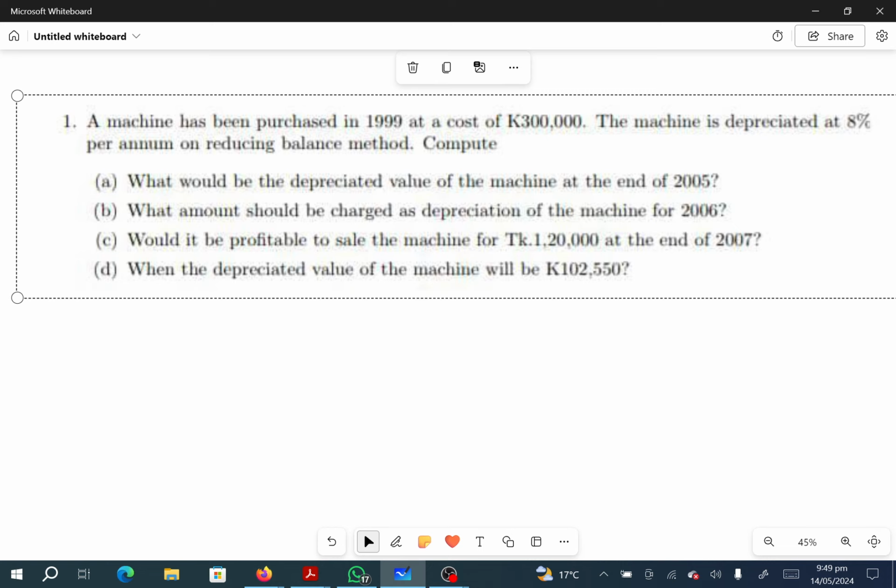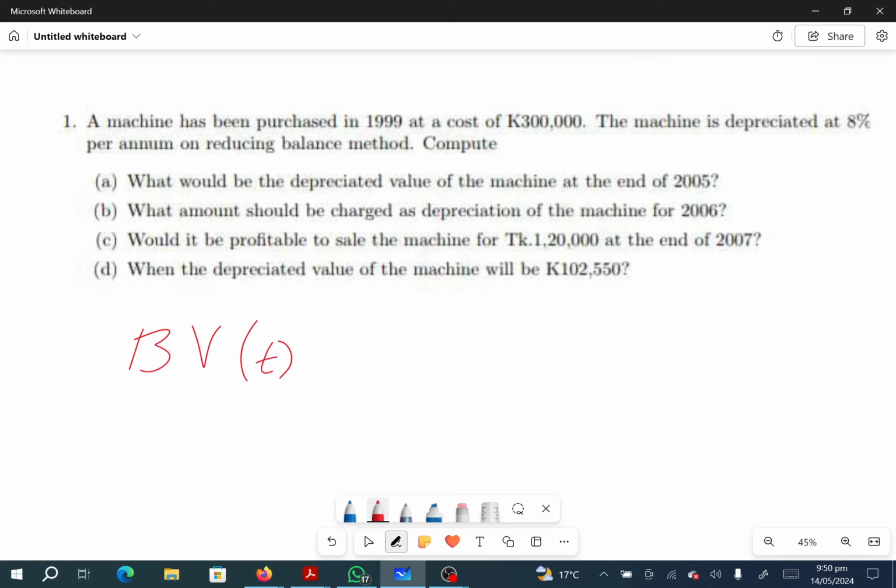So we know from the formula that the book value at that particular year is the initial cost of an asset multiplied by 1 minus c raised to the power t.